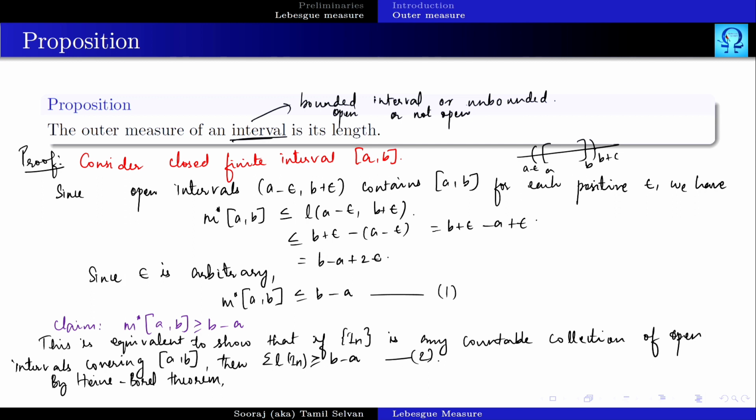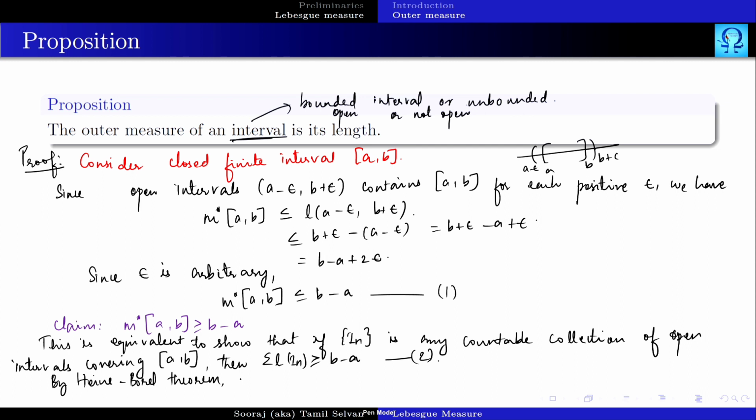Here we talk about the countable collection of open intervals covering the closed interval AB. Since the interval AB is closed and bounded, it is compact, so every open cover admits a finite subcover. We can identify that finite subcover and use it to talk about the necessary things. That is the idea we are going to incorporate here.